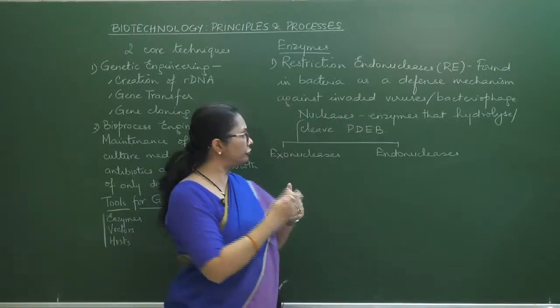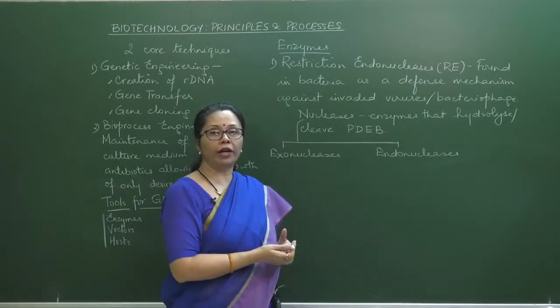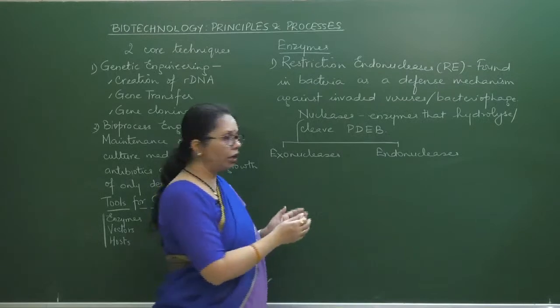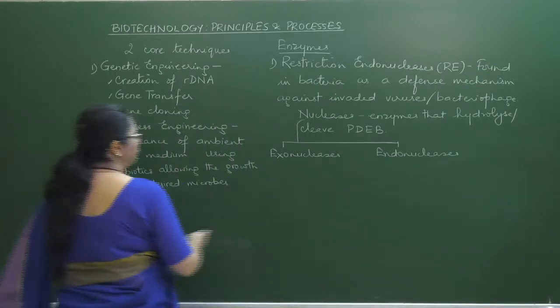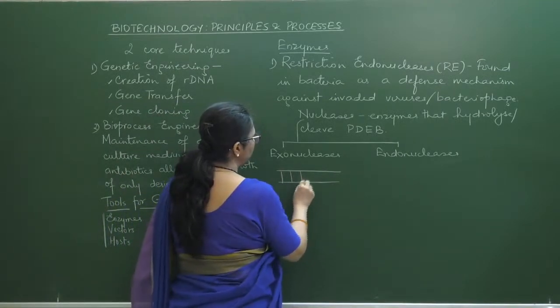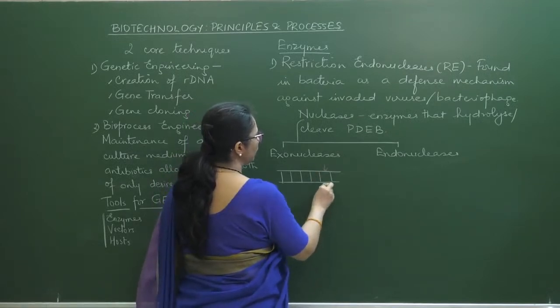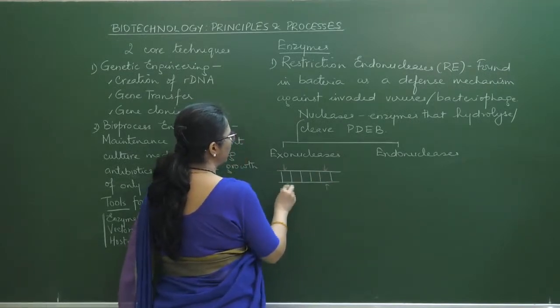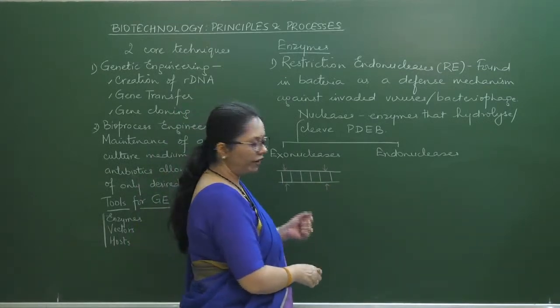So which will cleave a terminal phosphodiester bond, that would be called an exonuclease. So suppose here we have a DNA, and in this DNA the terminal most bond is cleaved. So in that case the chain gets shortened, and this would be the work of exonuclease.